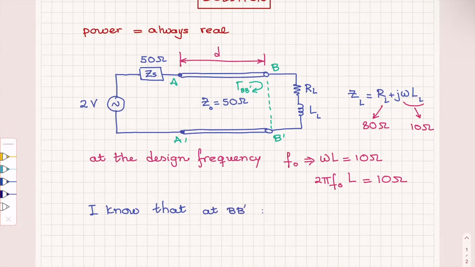We have that gamma at B prime equals Z sub L minus Z naught over Z sub L plus Z naught.